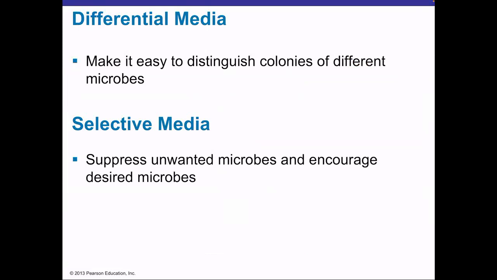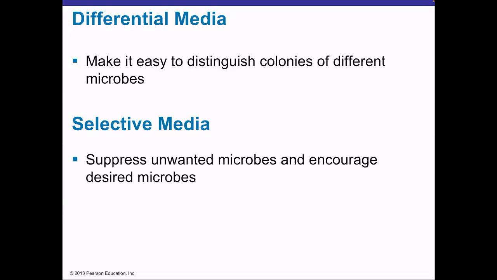that will facilitate, for example, distinguishing between organisms that are growing there and that can ferment a sugar or cannot ferment a sugar. And depending on those results, the microorganisms may produce colonies with different colors, or they may change the color of the medium. That will be the process of differentiation there.